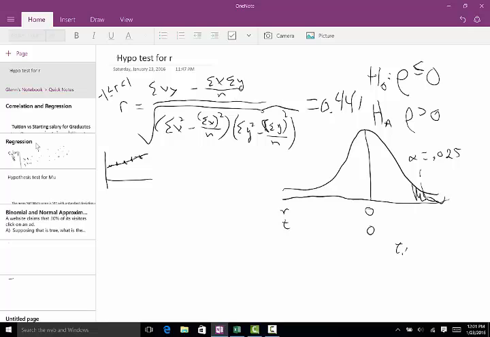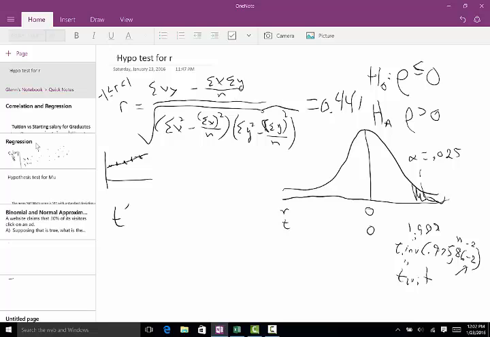Using the T.INV and the area of 97.5% below that. Interestingly, the degrees of freedom, 86 minus 2. You're used to doing n minus 1, but because this is bivariate data, you lose 1 degree of freedom for each of the standard deviations that you used as estimators for the population standard deviation. That gives me my t crit, which is 1.989.